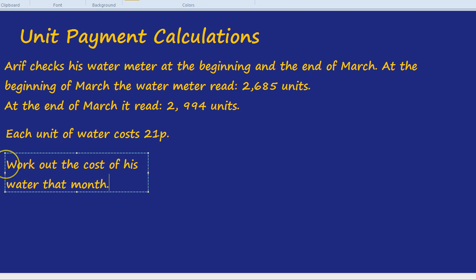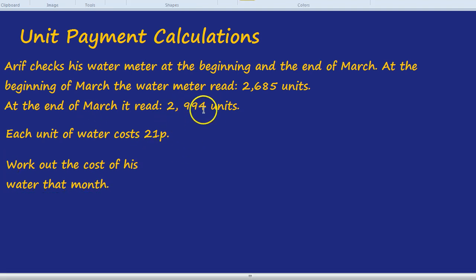Now what many students will do is they will multiply 2,994, which is how many units he had at the end of the month, by 21p. But they're misunderstanding units, because at the beginning of March, that 2,685, that's how many units he'd used all the way previous to that, presumably he's paid for.